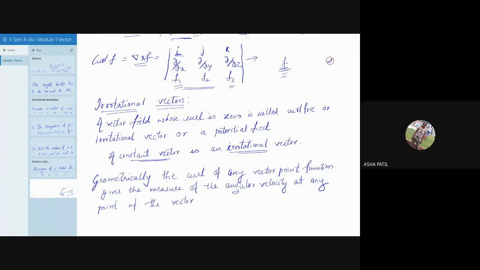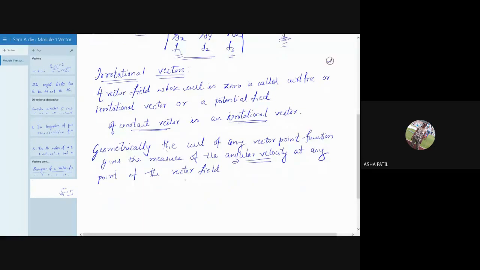So whenever you find the curl of any vector, geometrically you are measuring the angular velocity, how much angle it has moved at any point of the vector field. Okay, let us move on to examples.